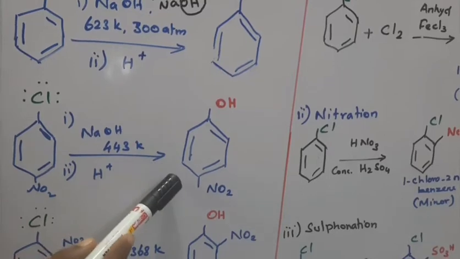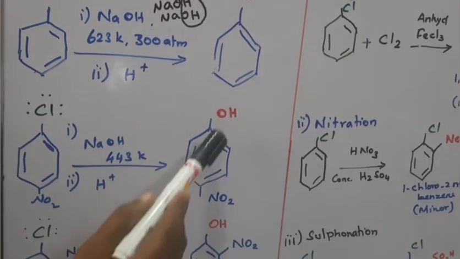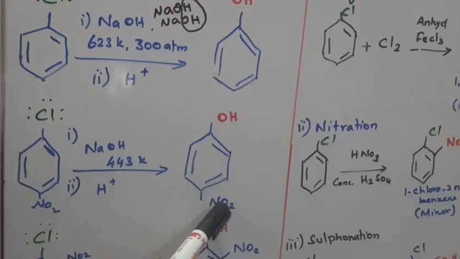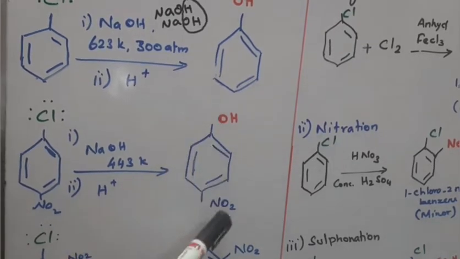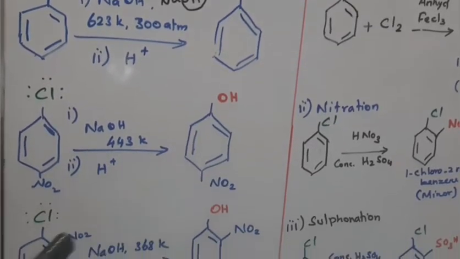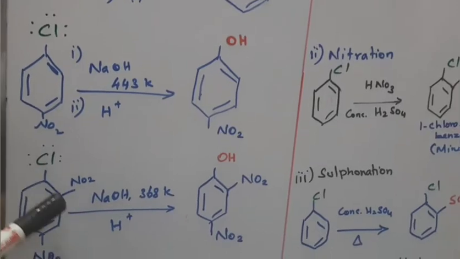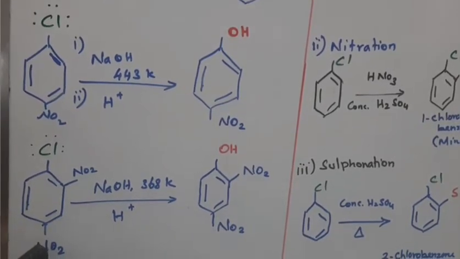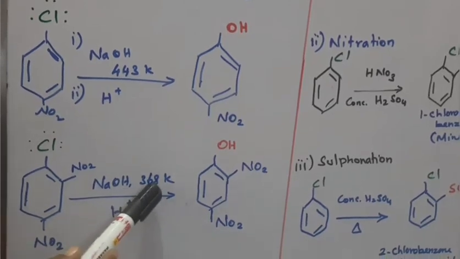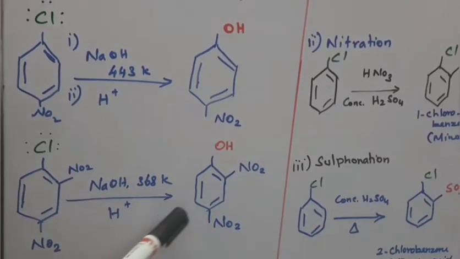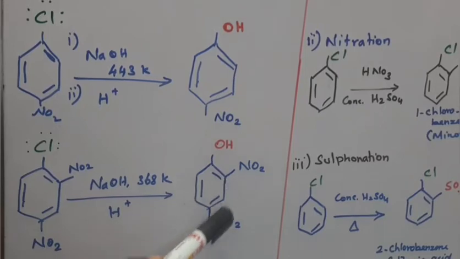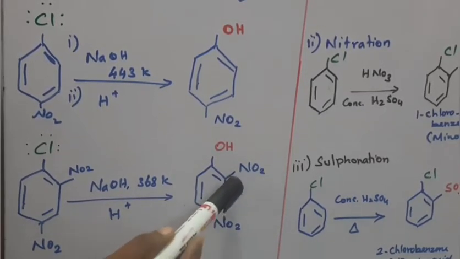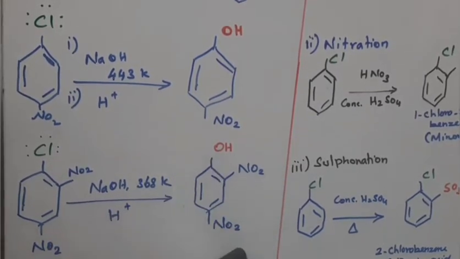So what is happening? We can get 4-nitrophenol. At the same time, when the ortho position and the para position both have electron withdrawing groups, reacting with NaOH at 368 Kelvin, your product is 2,4-dinitrophenol.